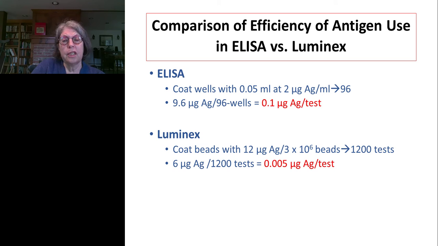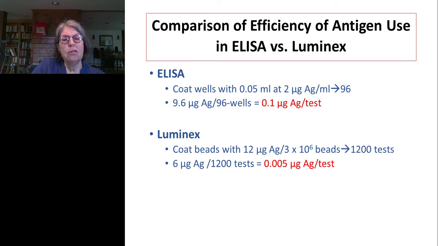In contrast, we can coat the Luminex beads with 12 micrograms of antigen per 3 million beads, which gives us 1,200 tests. That means we can use 0.005 micrograms of antigen per test. So a 20-fold decrease in the amount of antigen that you use, which obviously results in cost savings.